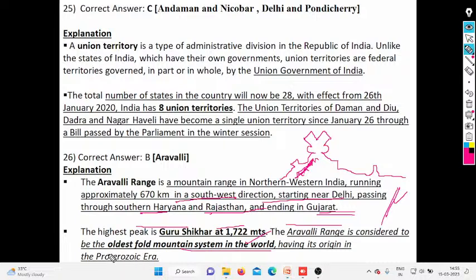The age of Aravalli is about 3,500 million years ago.